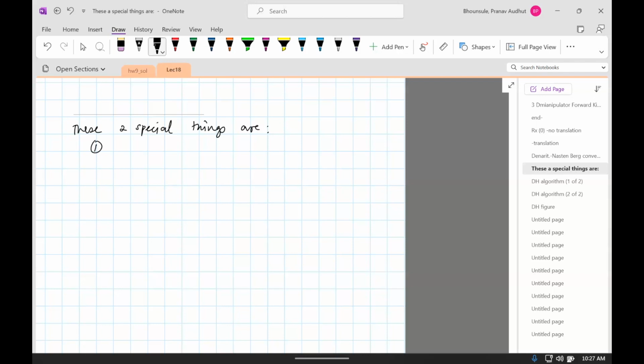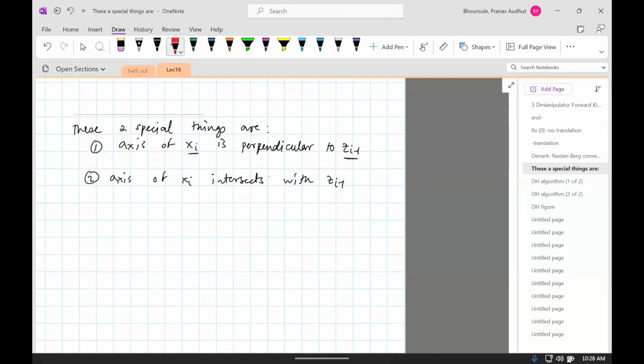So what it does is it defines the axis x i to be perpendicular to z i minus 1. So the axis for the ith link is 90 degrees to the z-axis of the previous link. The second thing it does is the axis x i intersects with z i minus 1.